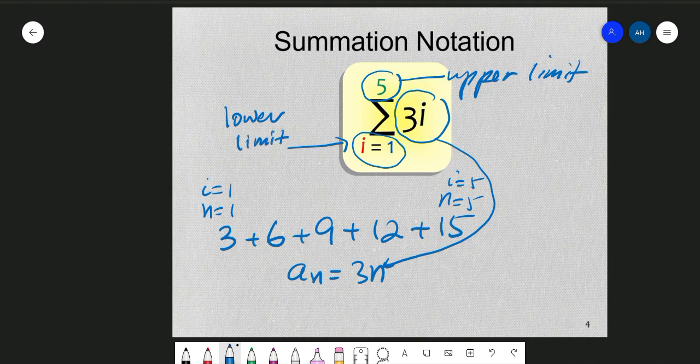And this symbol here, we call it sigma. This is the way to write down a series by using summation notation.